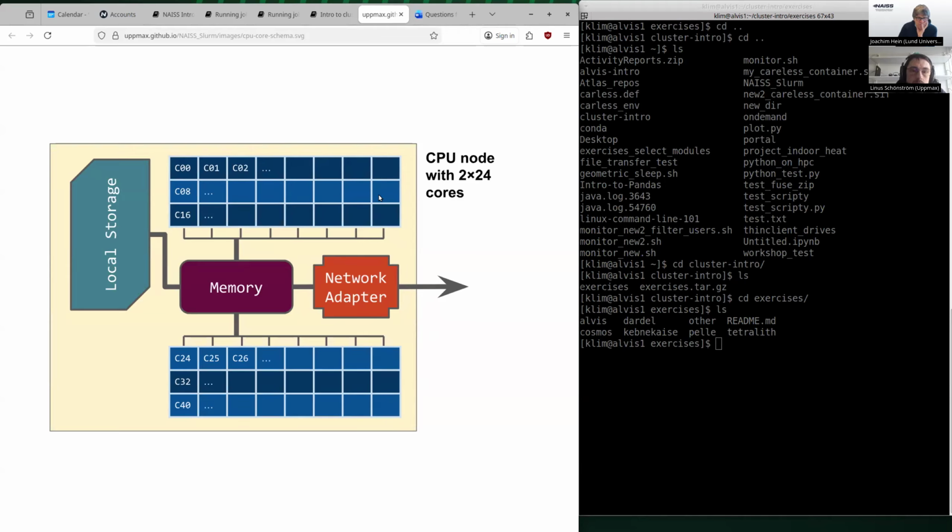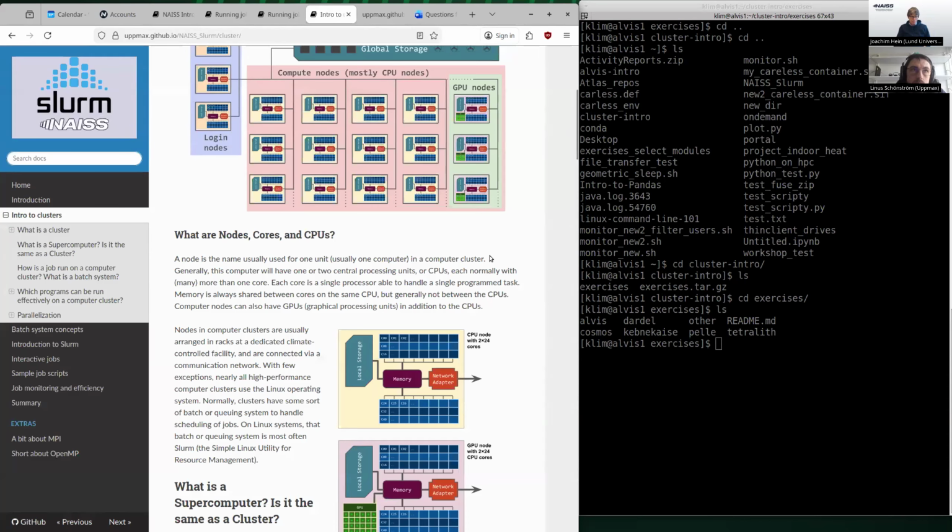Of course, every cluster at each university has a different number of cores. But let's assume that a core is specified to be connected to one single task or one single user to do their jobs.